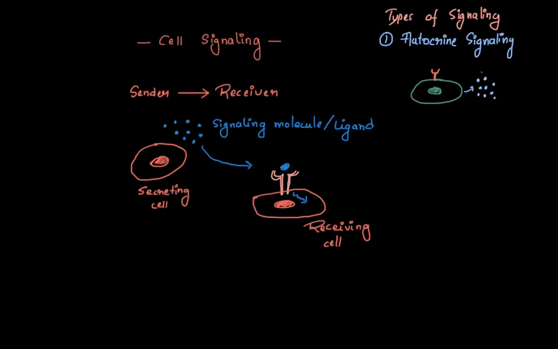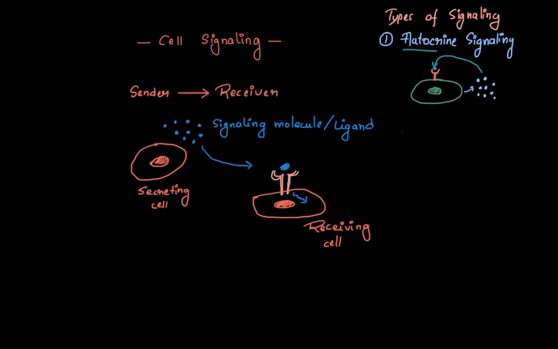So this signaling molecule would eventually come and bind to this receptor, which is present on the same cell as the one secreting the molecule. So this is an automatic process. That is why autocrine signaling.